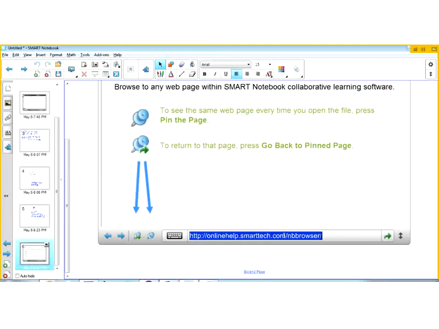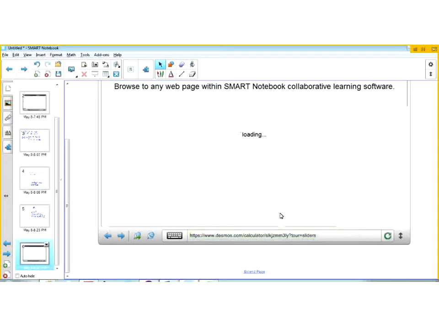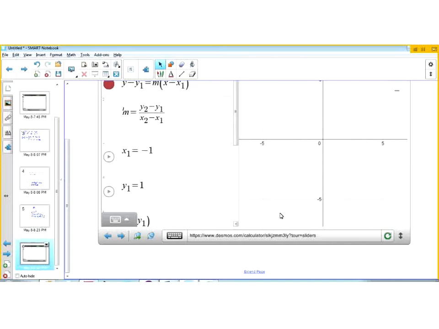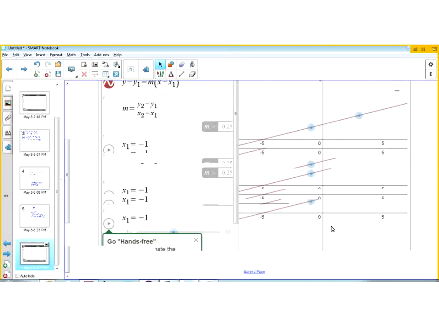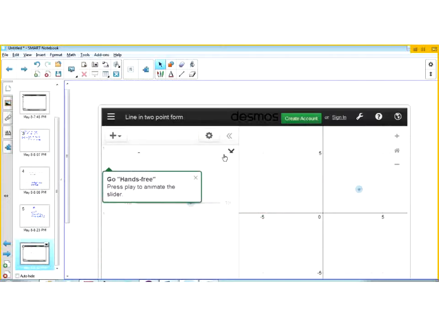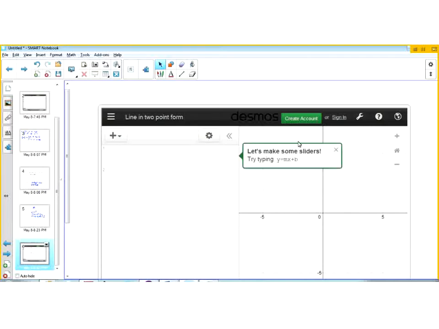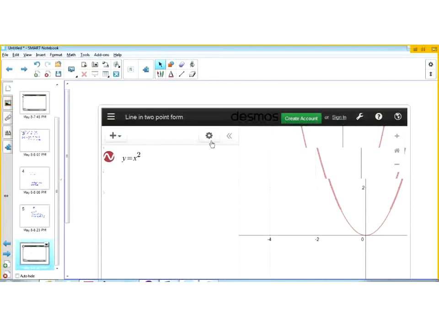So what does a function with even symmetry look like? So y is equal to x squared.